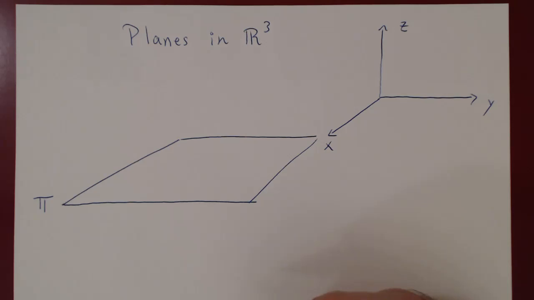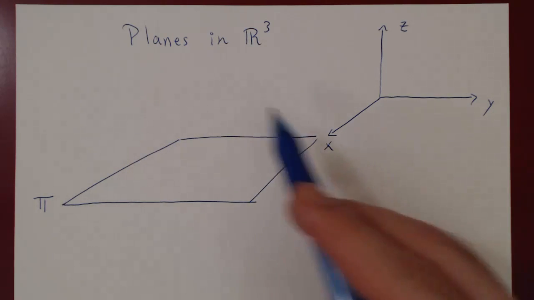And if you think of it in the same way as a line in R3, you need two things. You need an anchor, a point on the plane, and same for the line, you needed an anchor, a point on the line. And for the line, you also needed a vector that was parallel to the line, which we called the directional vector of the line.